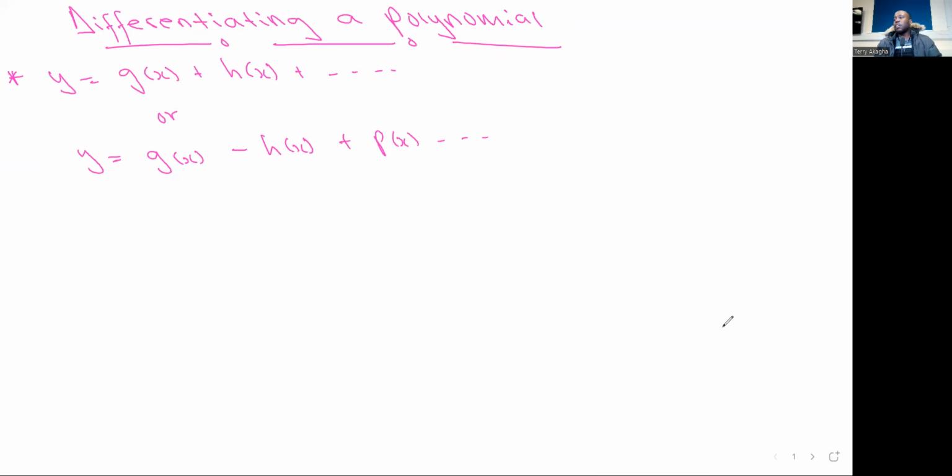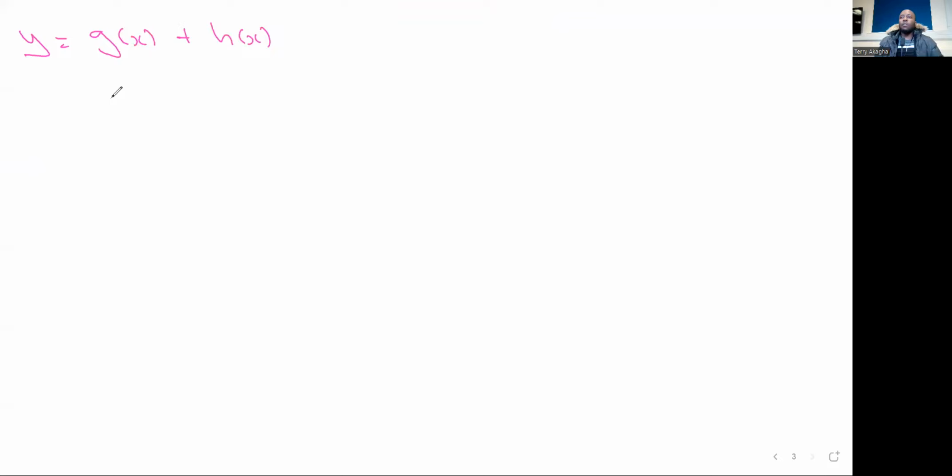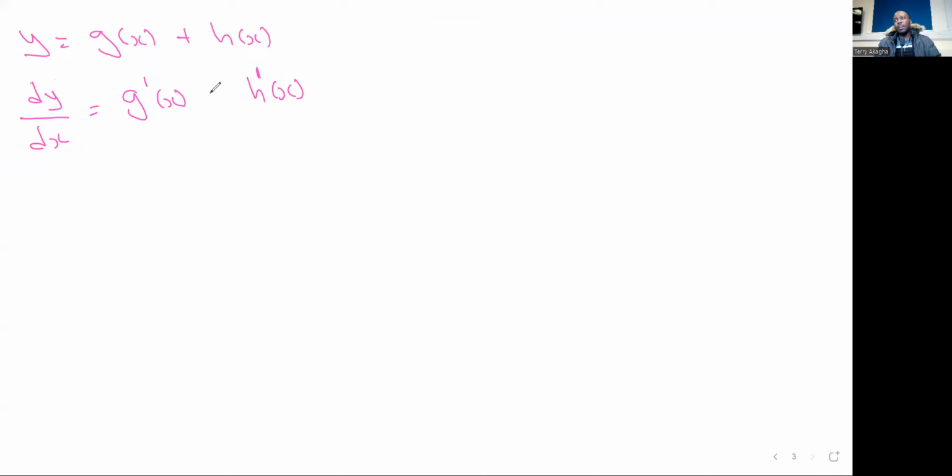Okay. So let me explain. So let's say from the first one we talked about, I said g of x plus h of x. So if you have y is equal to g of x plus h of x, for example, what you do first, you have to differentiate each of them. So when you differentiate, dy over dx will now be, you differentiate this on its own, you get g prime x. Then you differentiate this on its own, you get h prime x. Then step two, you add or subtract. So in this case, because it's adding, then you add it, and that is that.